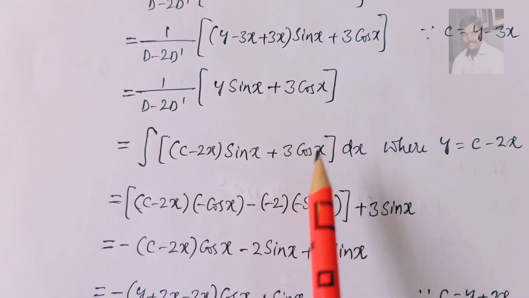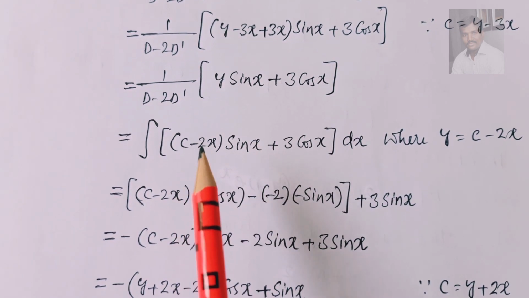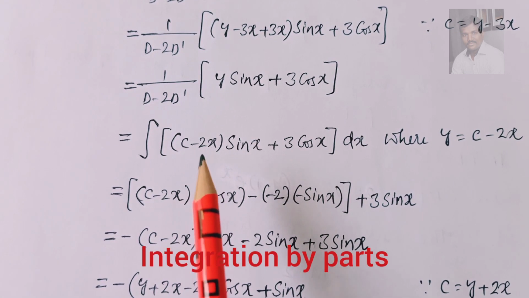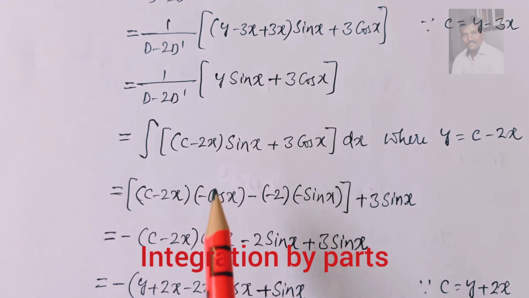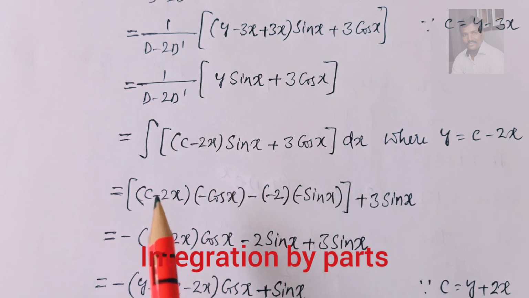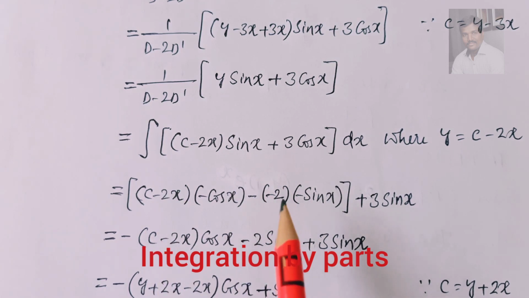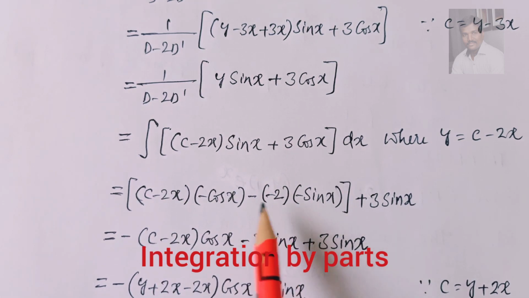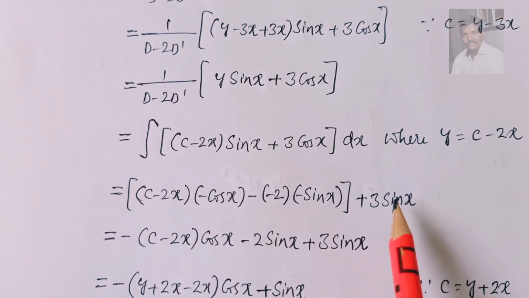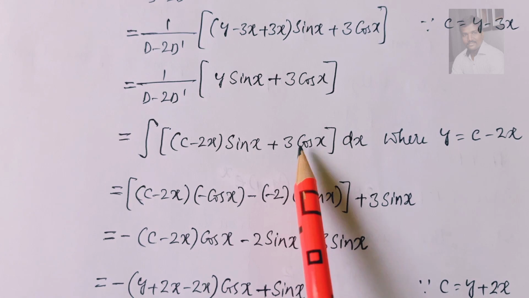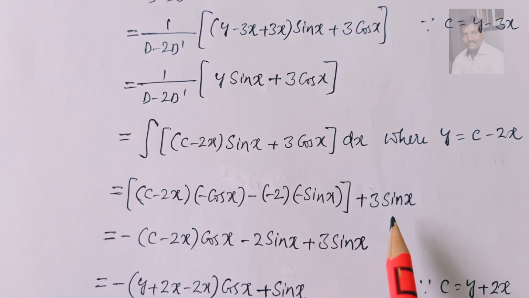Again integrating by parts: u times the integral, (c − 2x) into −cos x, minus the derivative of (c − 2x), which is −2, into the integral of −cos x which is −sin x, plus the integral of 3 cos x, which is 3 sin x.